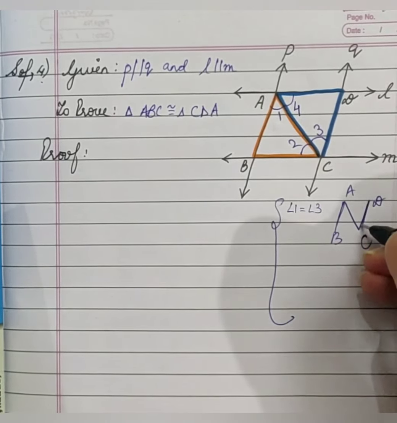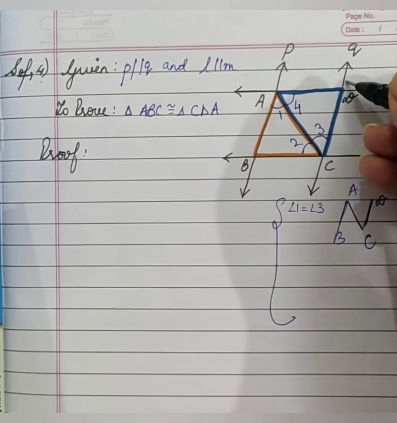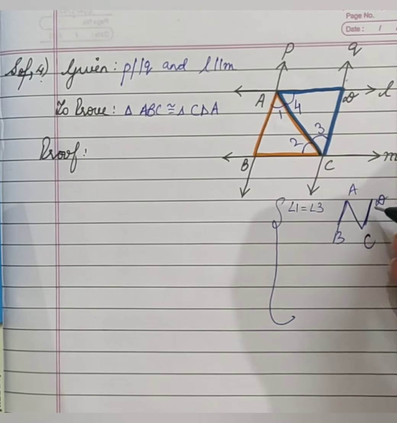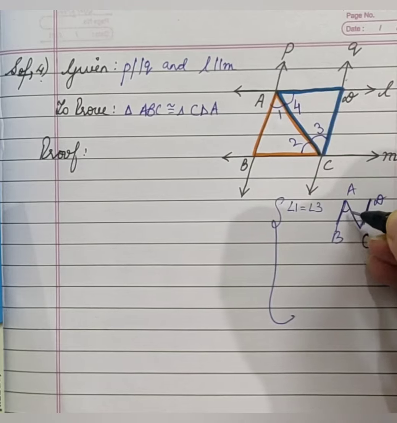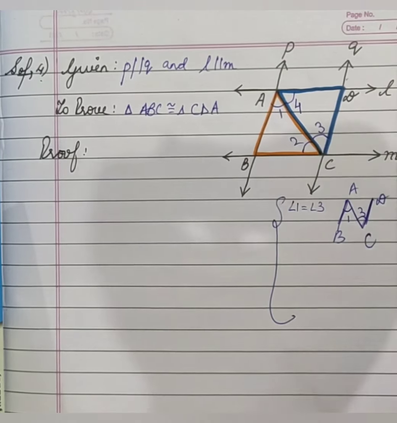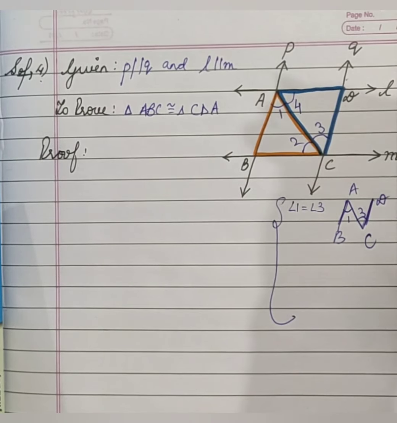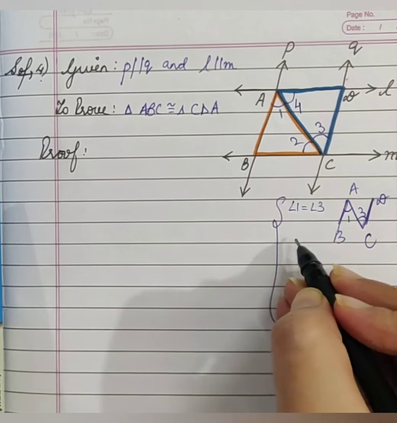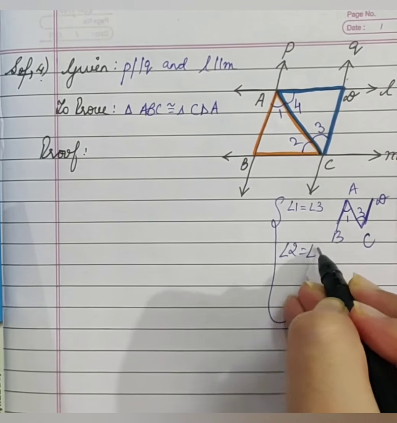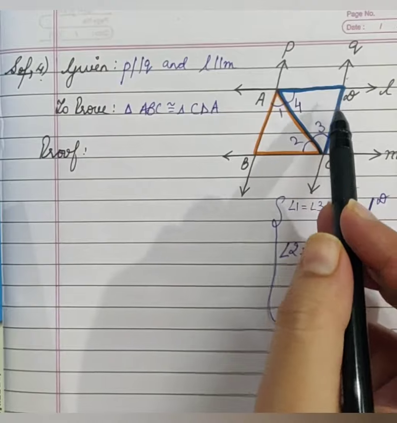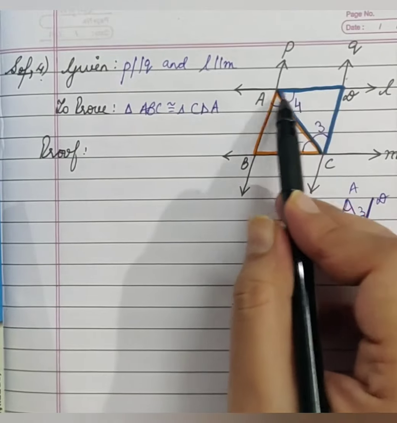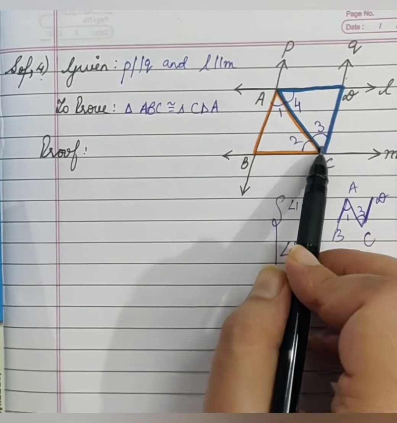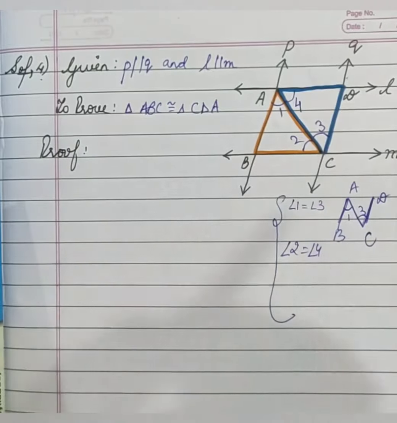AB is parallel to CD since these are parts of P and Q. P and Q are parallel, so AB and CD would be parallel. So definitely angle 1 would be equal to angle 3 as these are alternate interior angles. Similarly, we can see angle 2 is equal to angle 4. These are again alternate interior angles. This line is parallel to this line and this is a transversal. So angle 2 will be equal to angle 4.